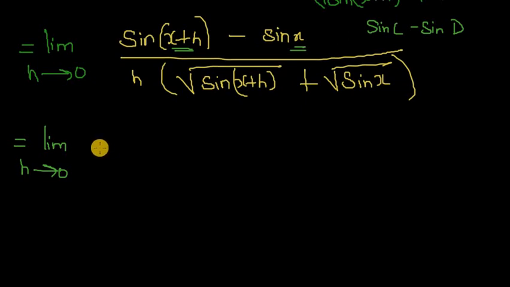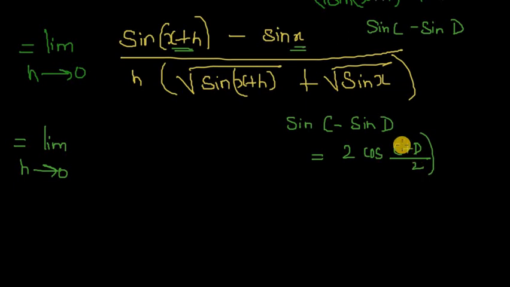I've explained you in a very easy way. So what is sin C minus sin D? Try to recollect. It is 2 cos C plus D by 2 into sin C minus D by 2.